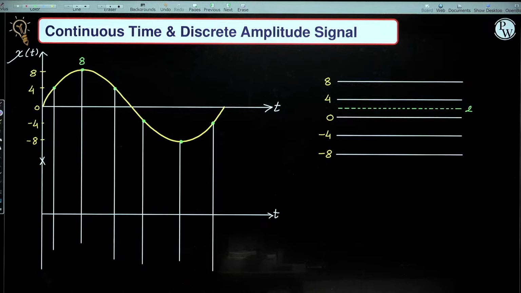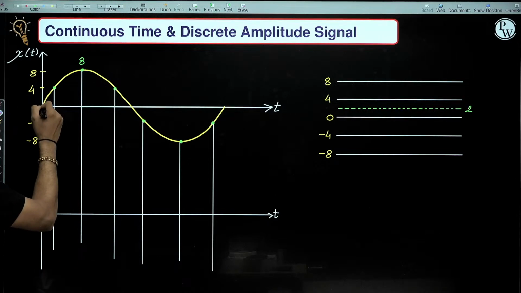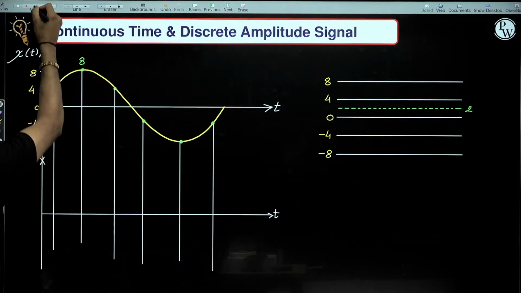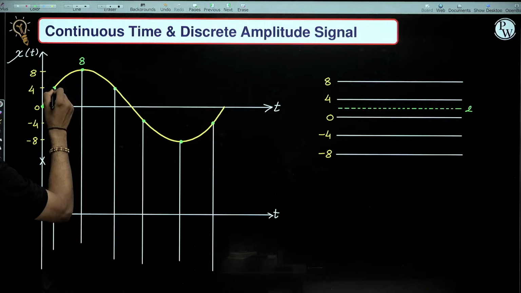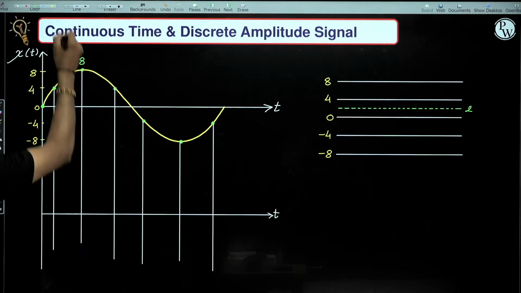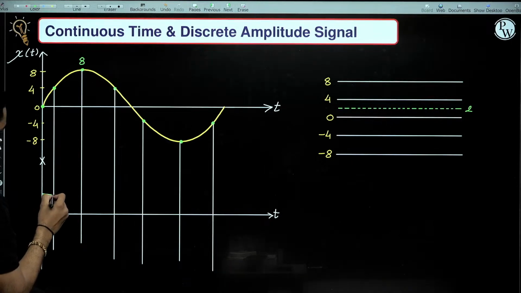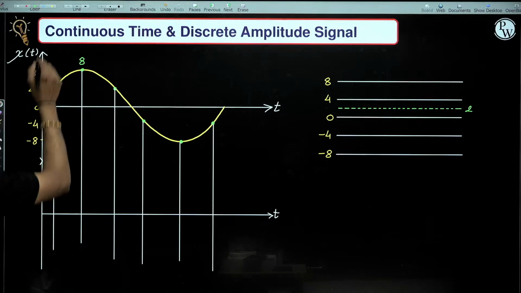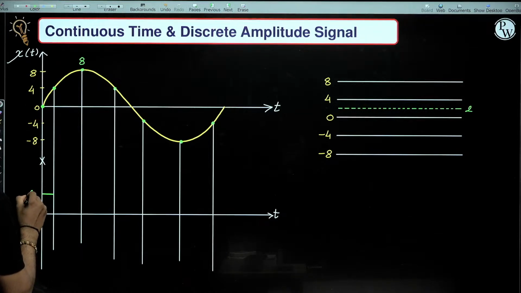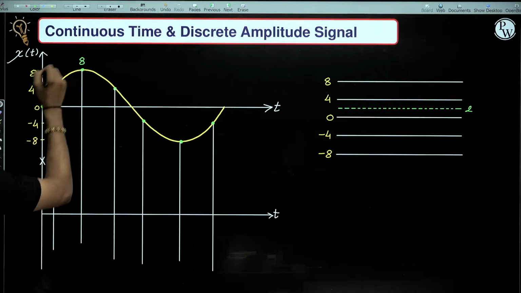For this input range, the output of the sampler circuit will be 2 volt only. Whatever input lies between 0 and 4, the output will be 2 volt only, if this is the voltage signal.